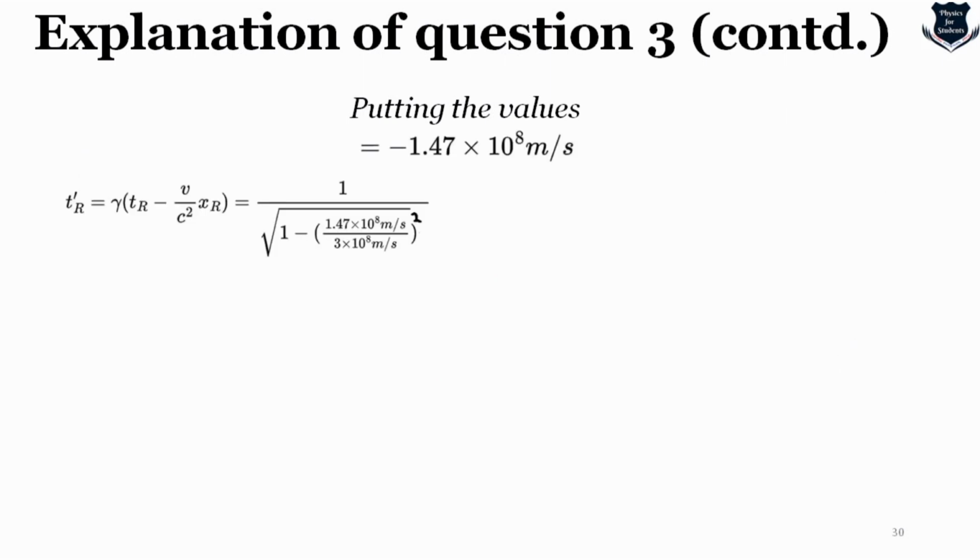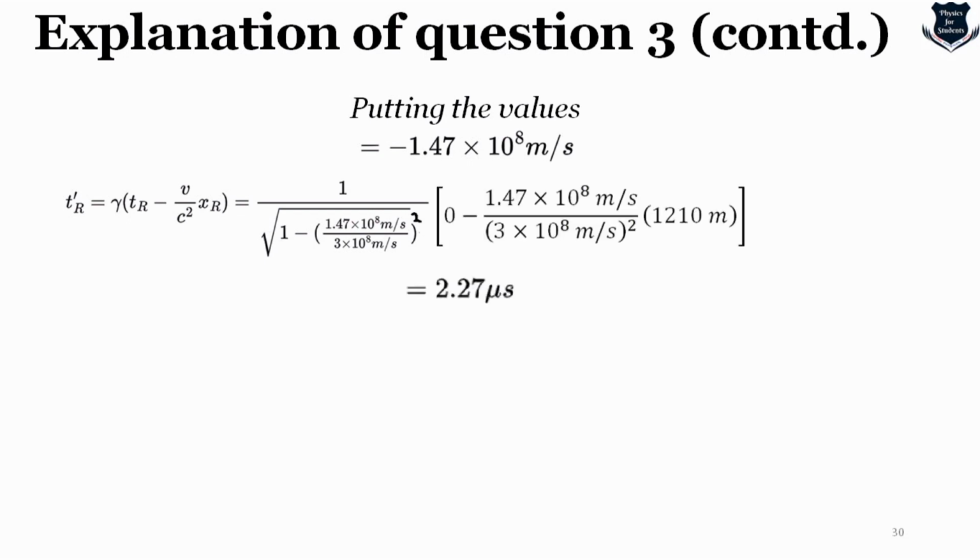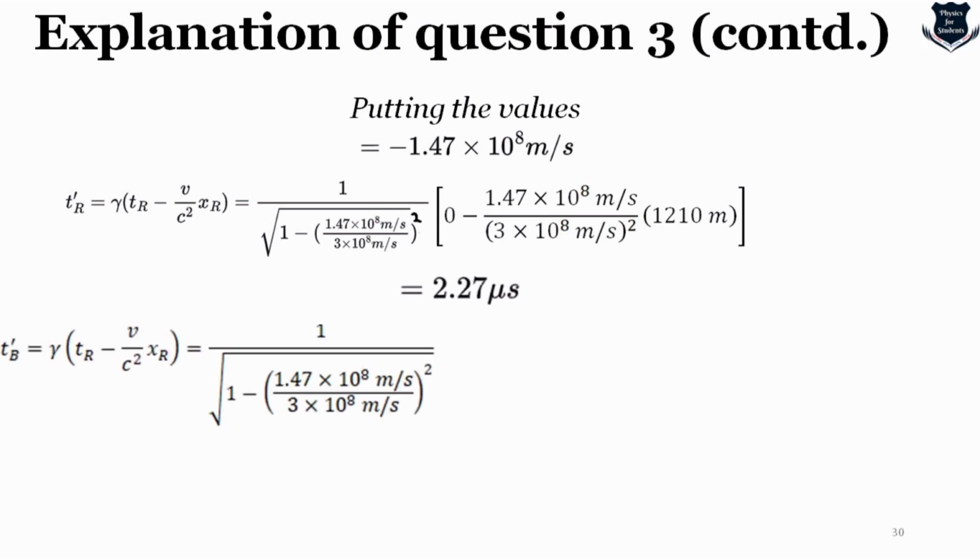Which is a little bit longer: t prime r equals the gamma factor times (t r minus v x r over c squared). This is the Lorentz factor, if you remember, and multiplied out this gives 2.27 microseconds.